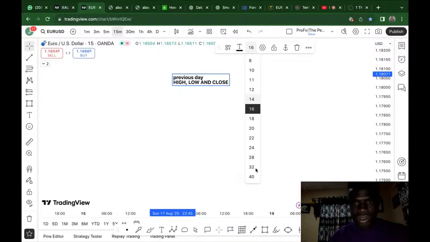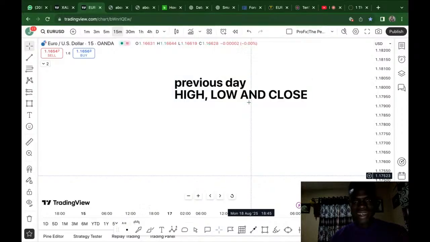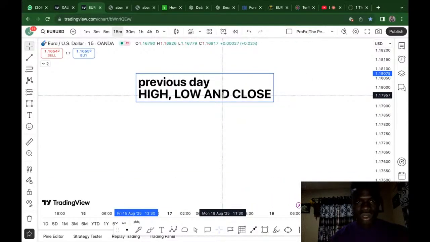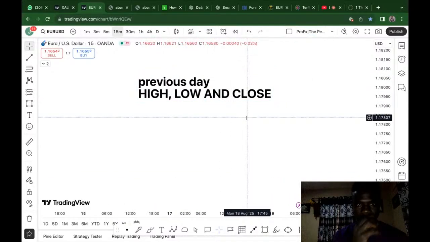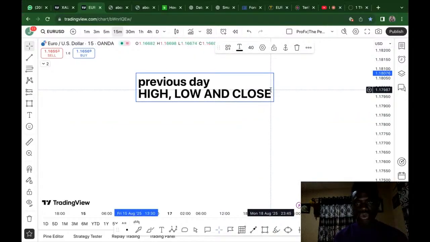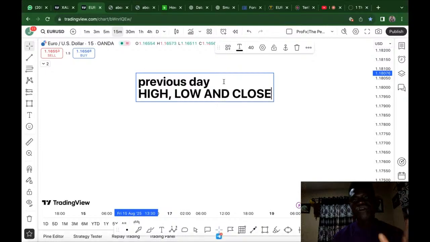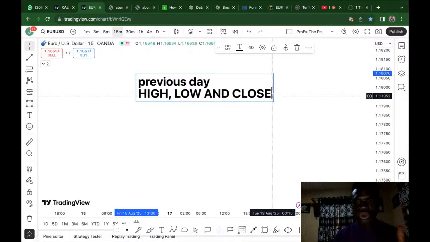This is your first go-to, and this is not strategy. This is the concept of the market. You are a day trader, so you need to know the close price, the high price, and the lowest price on the previous day. Why should you care about marking out your previous day high, low, and close?